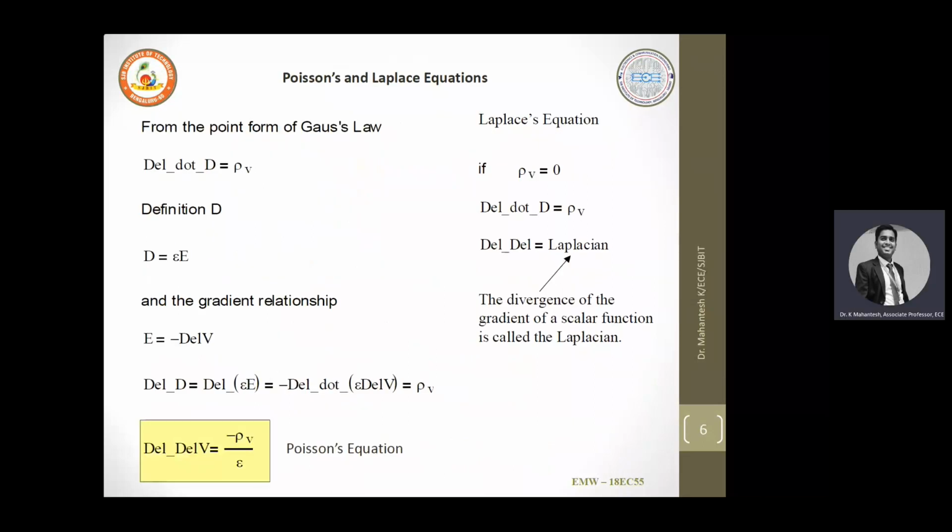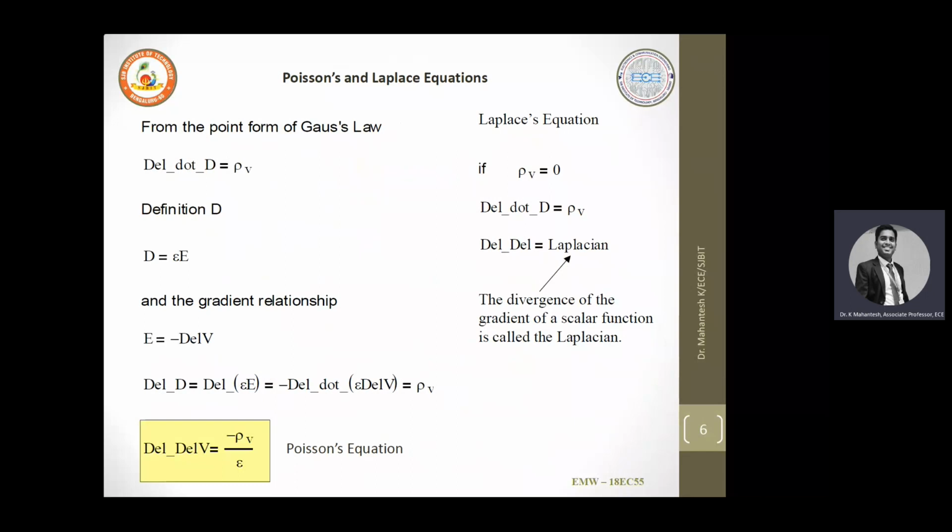So we can say that Poisson's and Laplace equations from the point form of Gauss law can be given by del dot D is equal to rho V. But we know the relationship between D and electric field is given by D is equal to epsilon E, and the gradient relationship is given by E is equal to minus del V. Therefore, del dot D is equal to del dot epsilon E is equal to minus epsilon del dot del V is equal to rho V, where rho V is volume charge density.